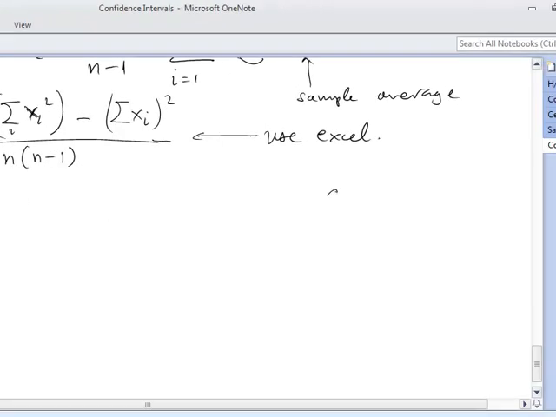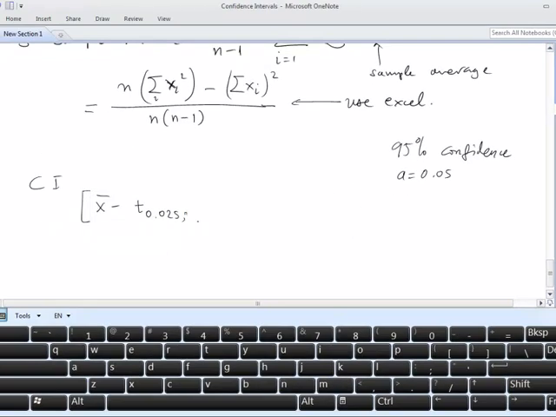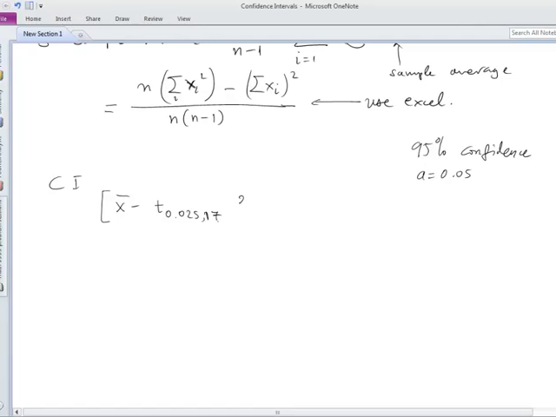I forgot to mention the confidence before, but suppose that we want that. 95% confidence means that this alpha parameter is 0.05, so here we have 0.025. We have 17 degrees of freedom. And now we multiply with the sample standard deviation, which is 24, divided by the square root of the sample size.